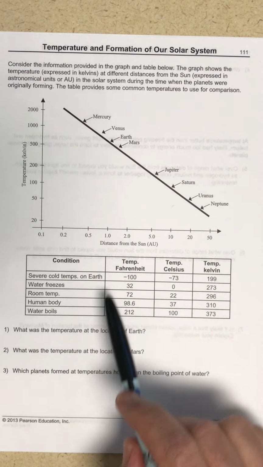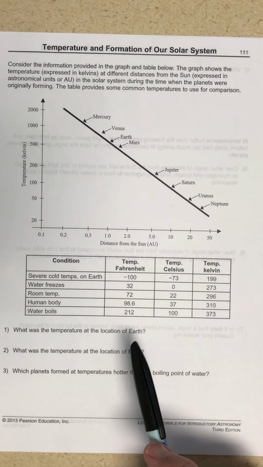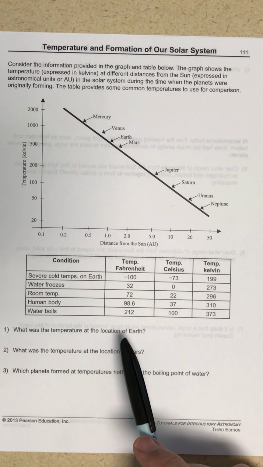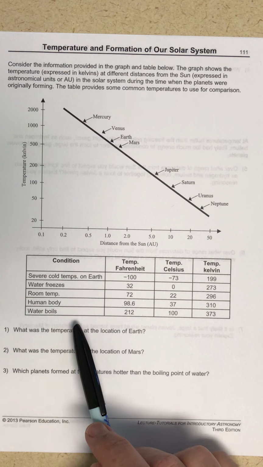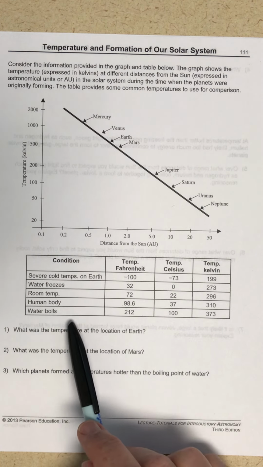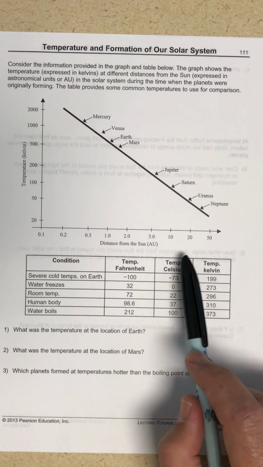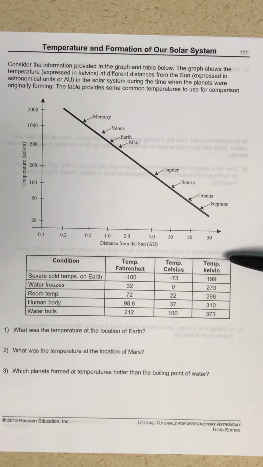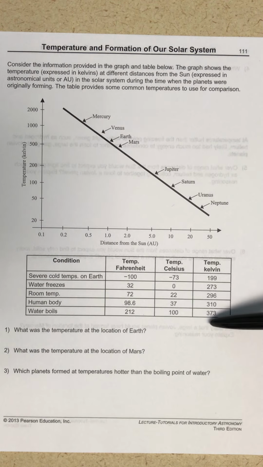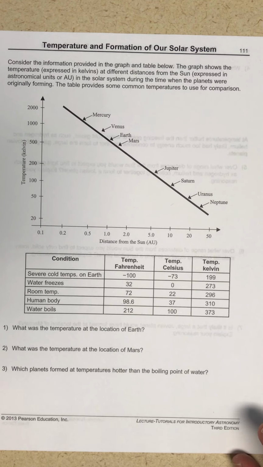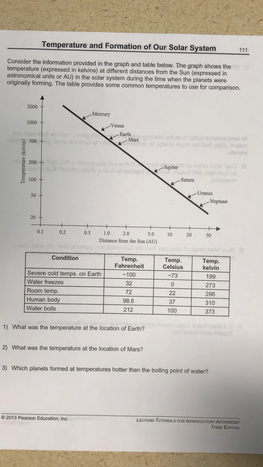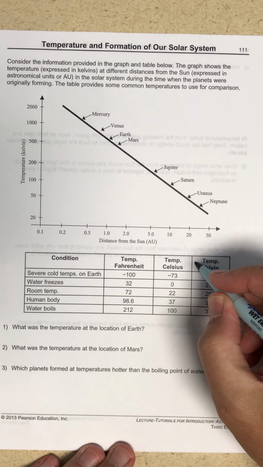Things you might know from everyday life, like room temperature, the temperature water freezes, or human body temperature in Fahrenheit and Celsius. And in the context of astronomy, we're just going to be using temperature in Kelvin, which I'll say should be a capital K.